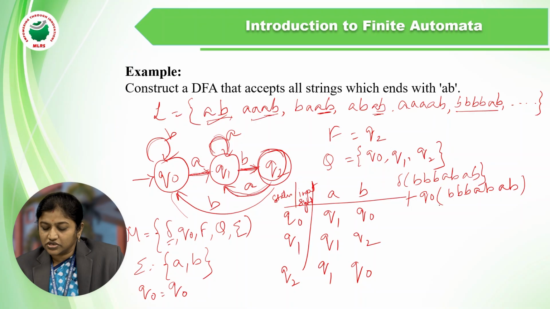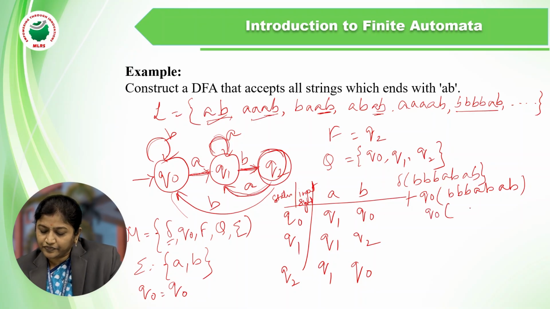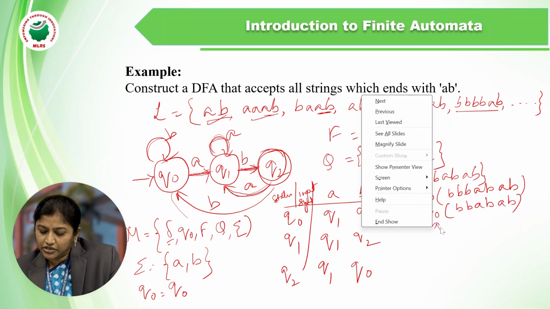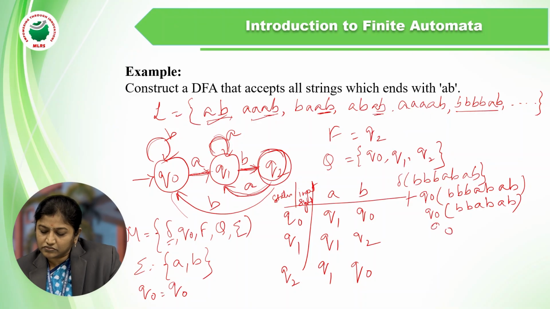See, it is easy for us to write the states from the transition table. Q0 on B is Q0 only. Next Q0 on B, Q0 only. Q0 on B, again Q0.